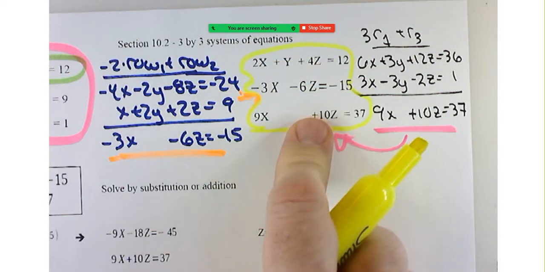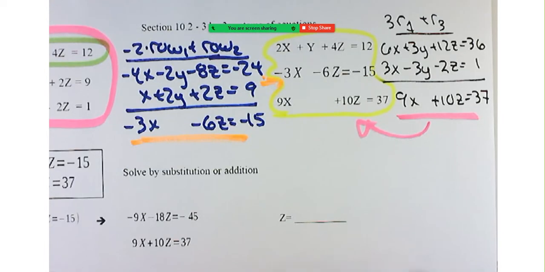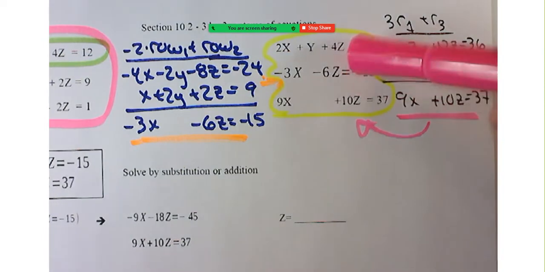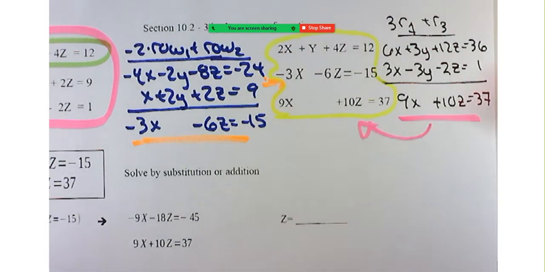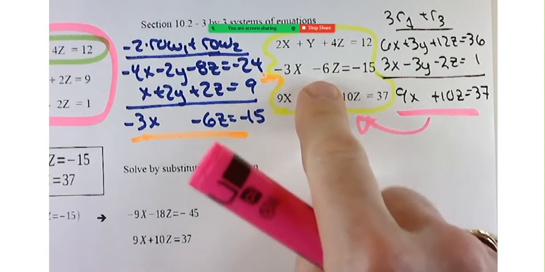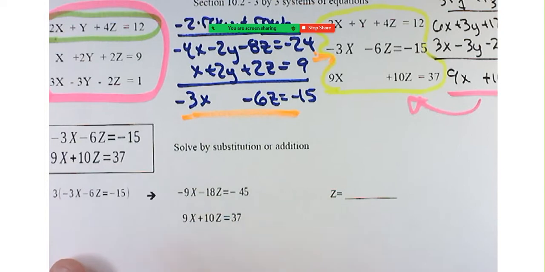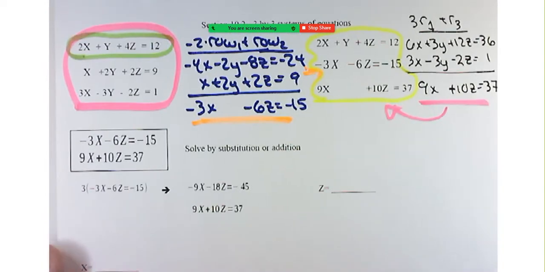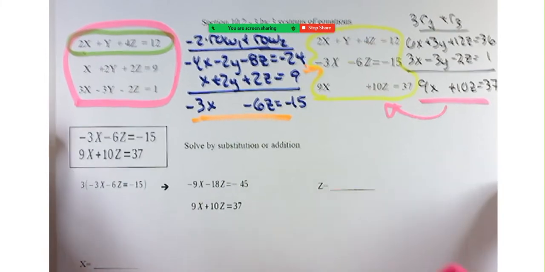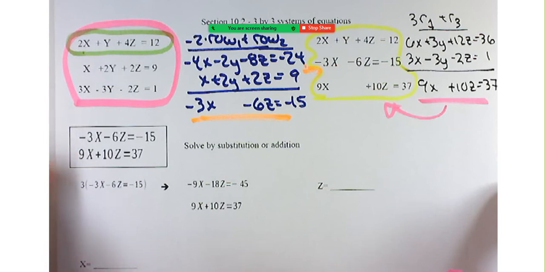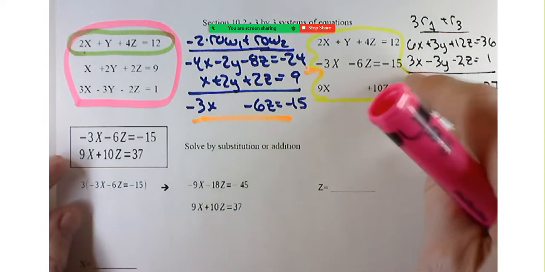So this thing that I'm circling in yellow has the same solution. But the nice thing about it is that these two equations have just two unknowns. So I'm going to focus in on those two equations. And I kind of brought them over here. All right. So nice. Those two equations have two unknowns.